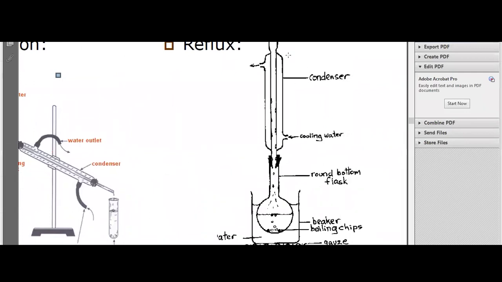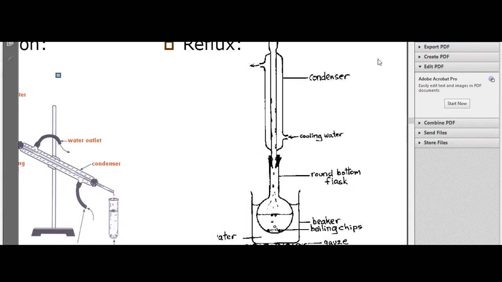The position of the condenser is like this, vertical. This requires constant heat, at a higher temperature compared to distillation.